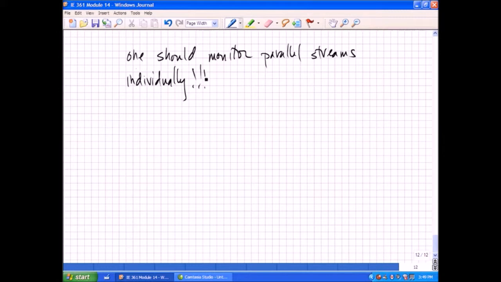That is, it does not make any sense to think of that 10-headed machine as one entity. What I ought to do is monitor head number 1, head number 2, head number 3, head number 10, cavity number 1, cavity number 2, cavity number 3, cavity number 10 individually.